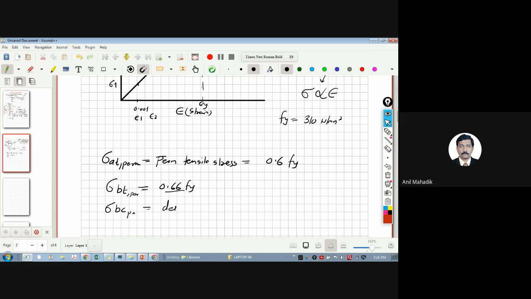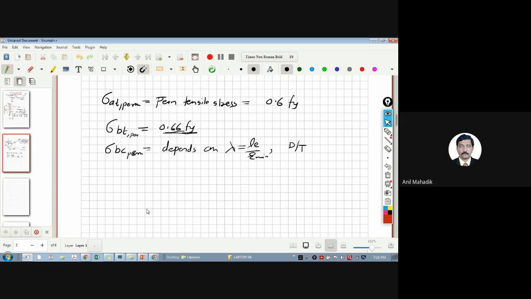it depends on, this is the maximum actually, depends on slenderness ratio, which is nothing but L effective upon r minimum. And it also depends on D by T. So these are the factors, and then we get the sigma BC permissible. Then there is one more force which is pending.